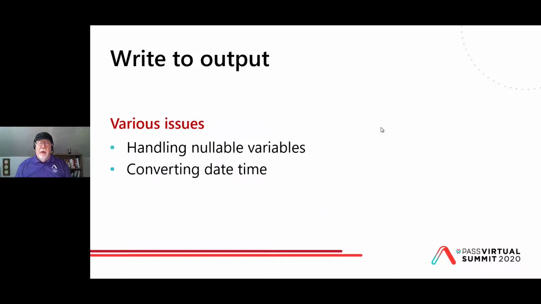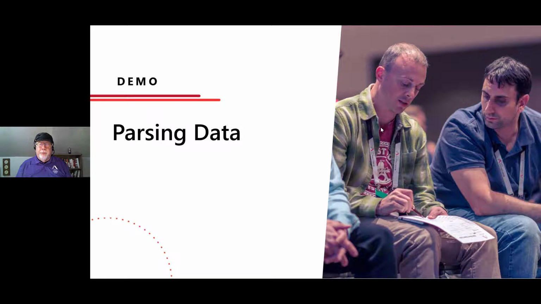Now on the other side, when we write to the output, there's some problems. Handling the nullable variables is a problem. Once you've made a decimal nullable, you have to use other approaches to get the data out of it. And then we will look at how to convert the date time.